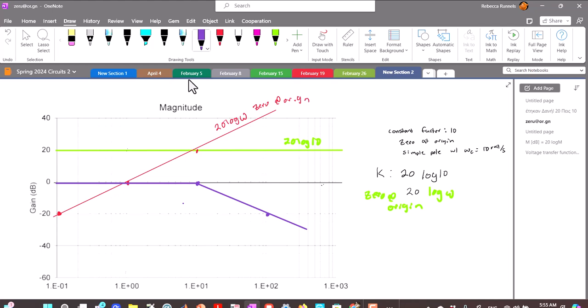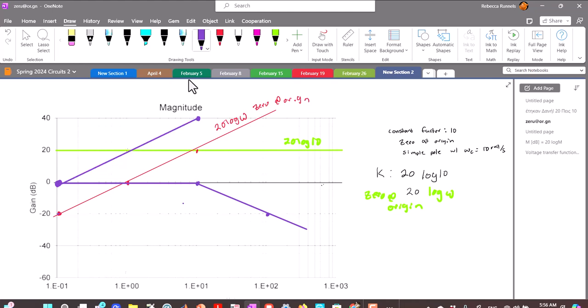So what that will do is it'll take this other line that I have left and shift it up by 20. Or you can think of it as, let's add together these 3 points, negative 20, 0, and 20, add those together and you get 0, and then go to the other end of the straight line and add those points together. That would be 0 plus 20 plus 20, which is 40, and you get that line.